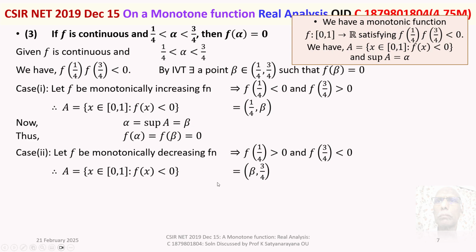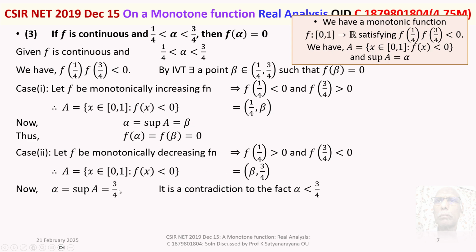It is a decreasing function, so from beta to 3/4 it will be negative. Therefore, A will be the open interval (beta, 3/4). Agreed. Now, alpha is the supremum of A. The supremum of A is 3/4, so alpha is 3/4.